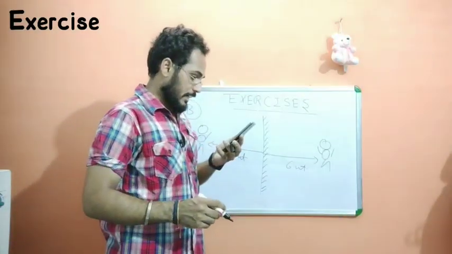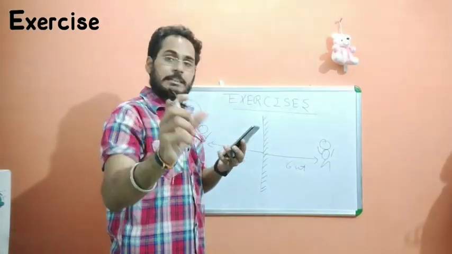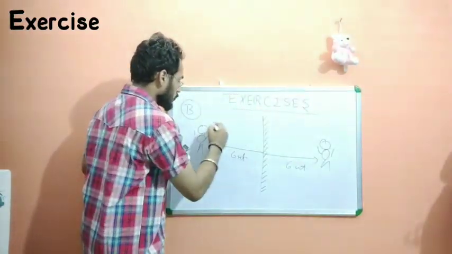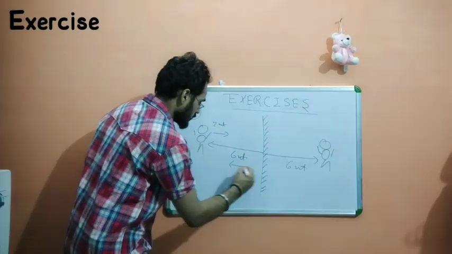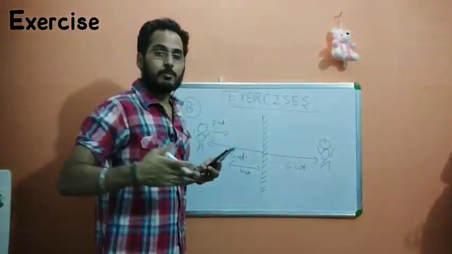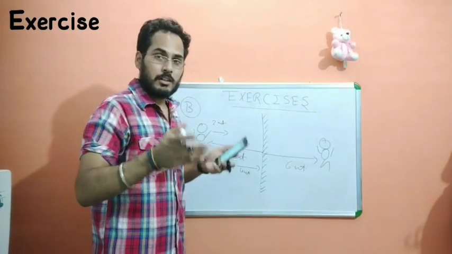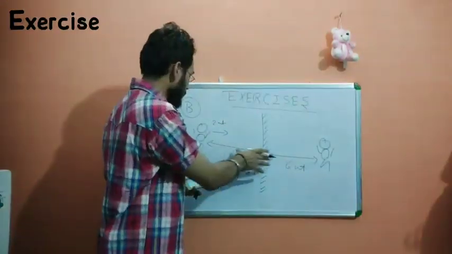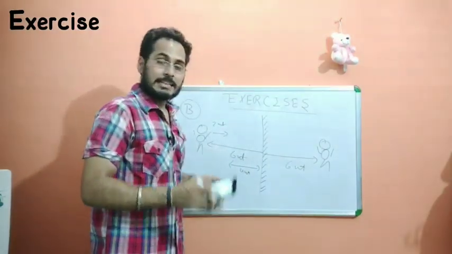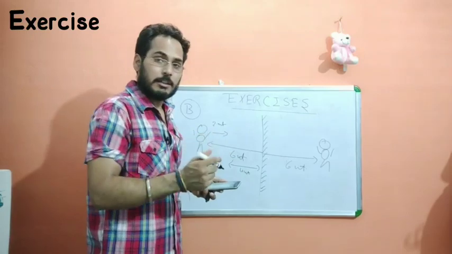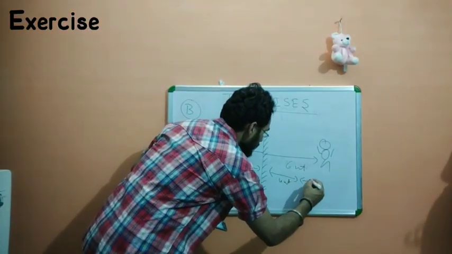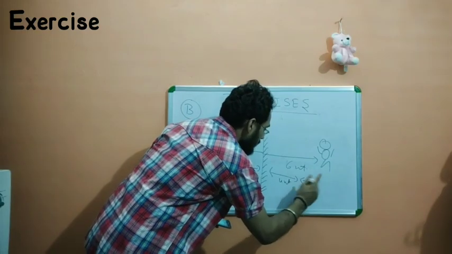Now it is said that the person moves 2 meters towards the mirror. That means this person actually moves 2 meters towards the mirror. So the remaining distance will be 4 meters only, because we had 6 meters and it moves 2 meters toward the mirror. Now the distance between the mirror and the object is reduced to 4 meters, and this will also apply to the image. So this will also be 4 meters, as the image also moves 2 meters towards the mirror.